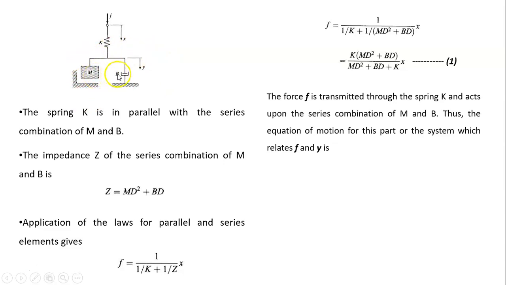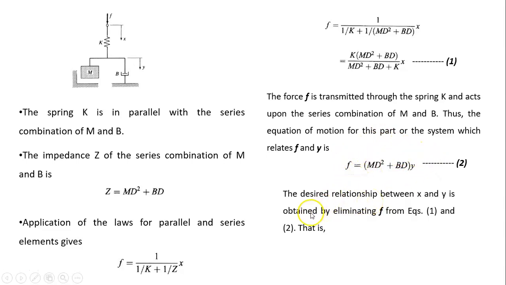Mass m and damper B. Therefore, this mass m and damper B are in series. Therefore, their impedance we have written here, Z is equal to mD square plus bD. Therefore, F is equal to mD square plus bD into y. Therefore, this is equation 2. This is the relation between F and Y.